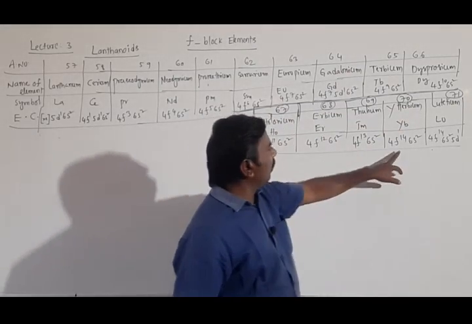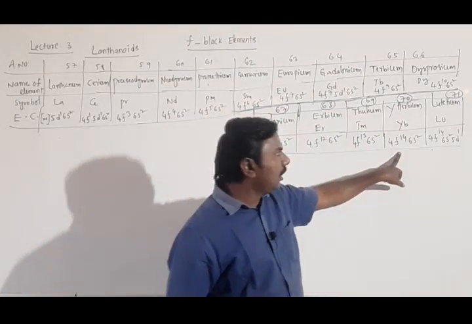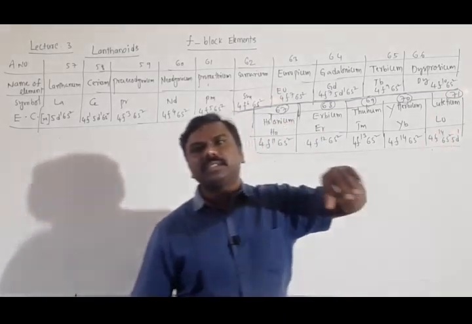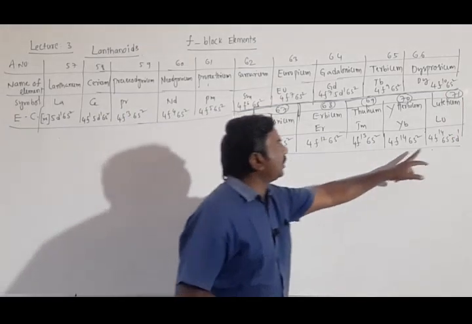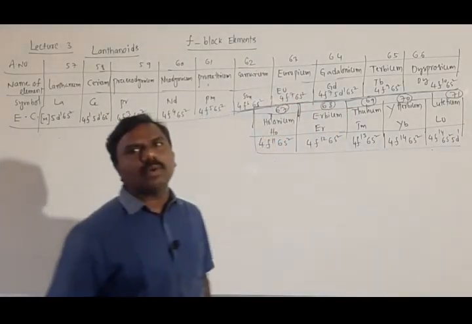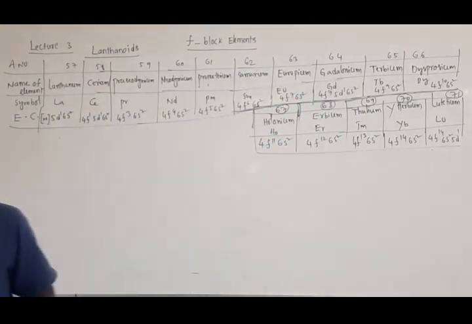After that, 4f14 is stable, and 4f14 5d1 6s2 is stable. So the last two elements are more stable. You have to remember, students.